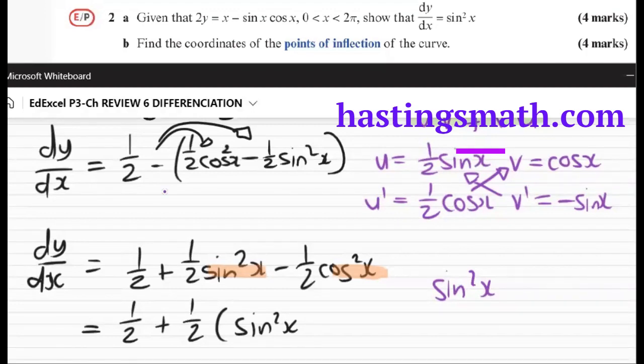Negative times a negative is a positive, positive times a negative is a negative. Okay, minus cos, whoopsie. I was hoping for a plus in the middle there, but we still have something we can work with. Let's just hold this thought at the end.